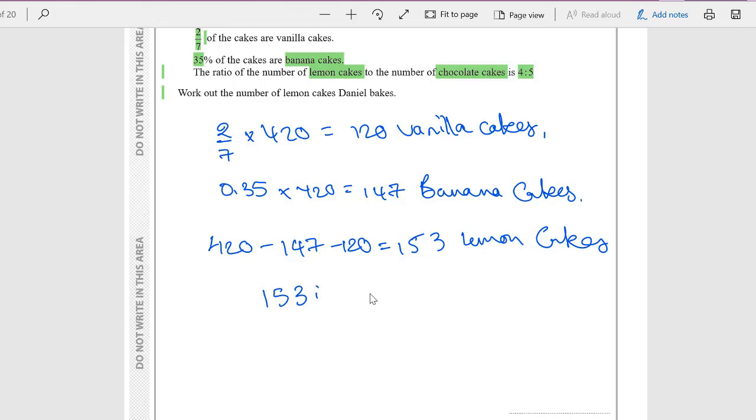So, the number of lemon cakes and chocolate cakes is 153.